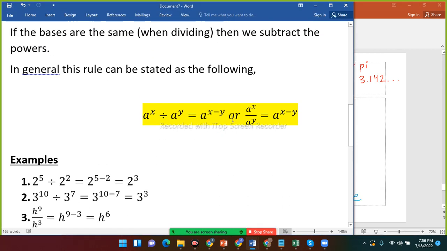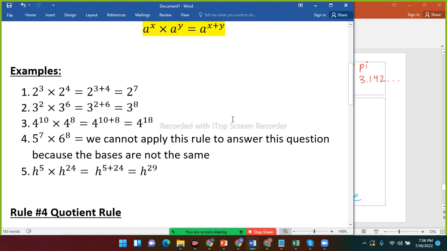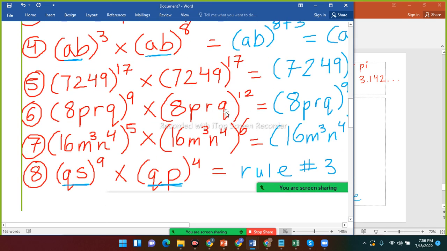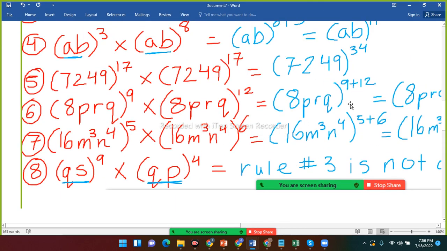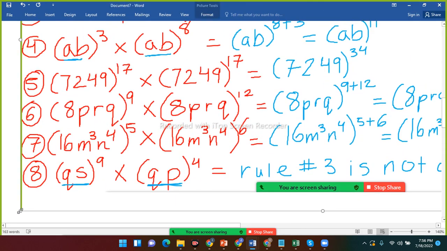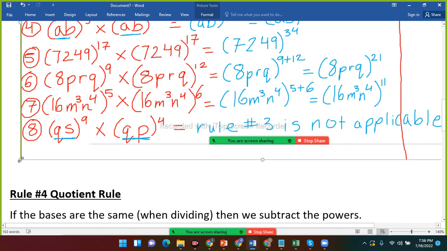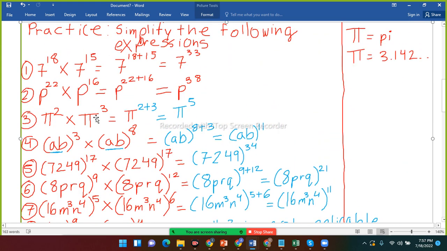So this one goes under rule number 3. These are the rules we had for rule number 3. I'm just inserting them into our notes.